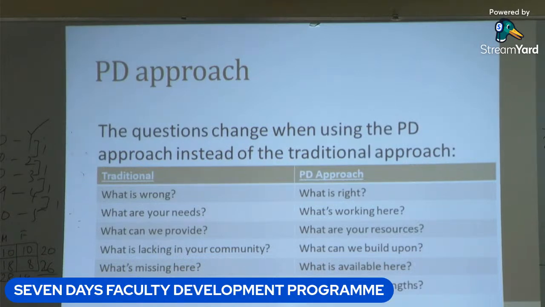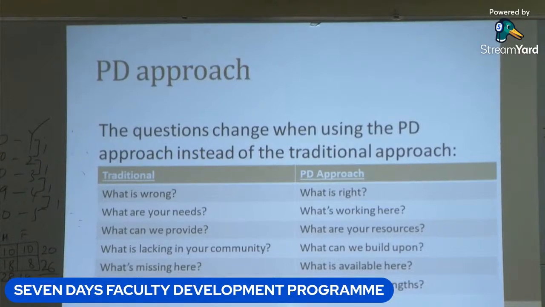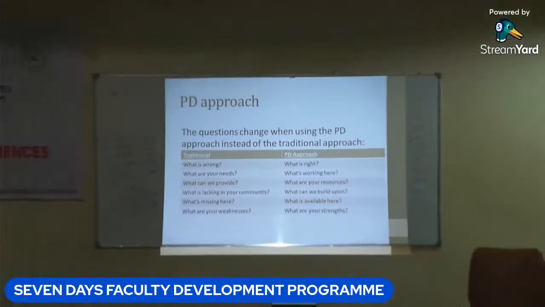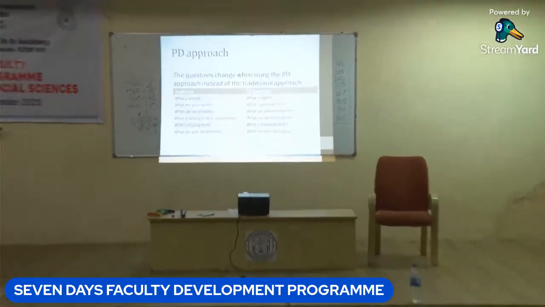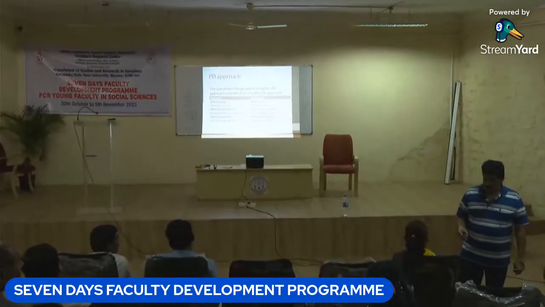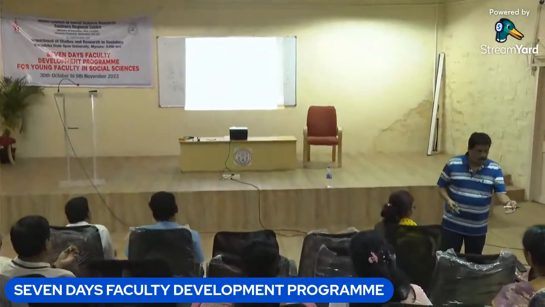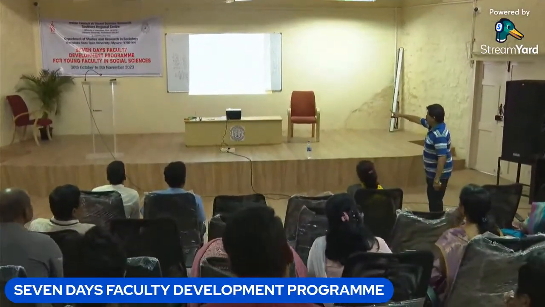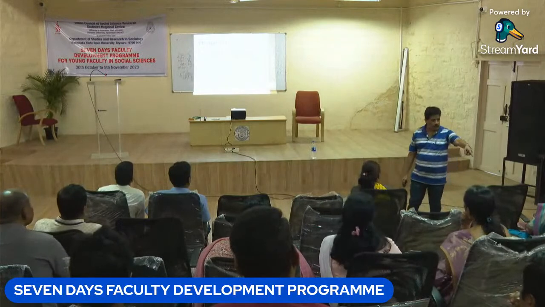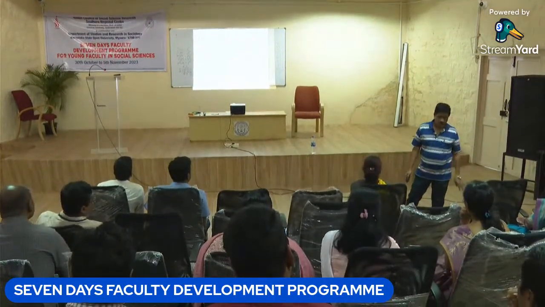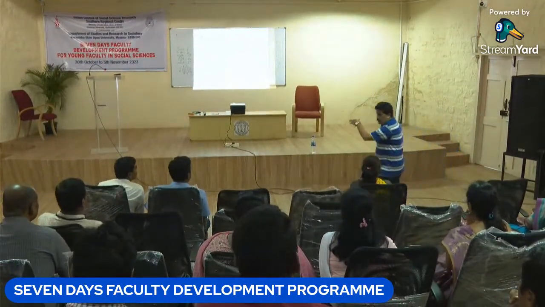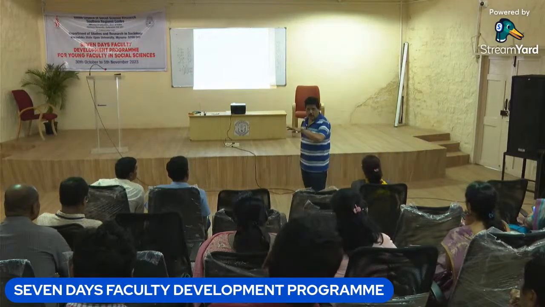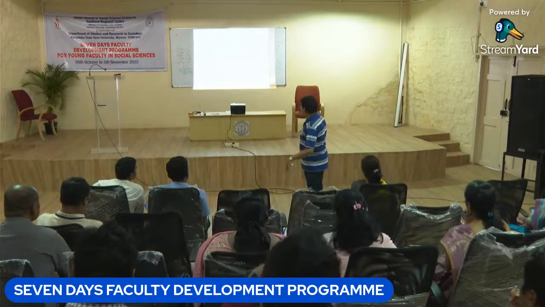Rather than saying it is half empty, make it half full. So you are looking at it the other way. Rather than asking what your weaknesses are, ask what your strengths are. See how the positive deviant approach in qualitative analysis has its own impact.